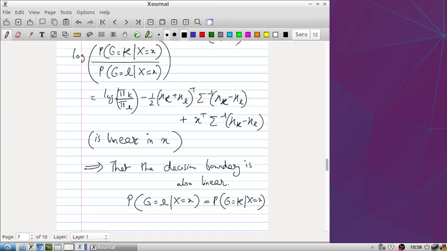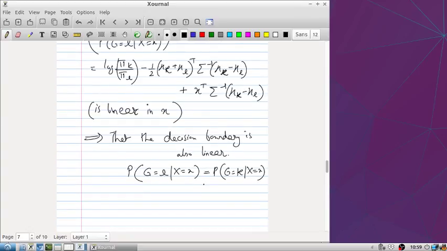Let's say pick 2 classes. The decision boundary between 2 classes is precisely this. If this is true, then the right hand side is 0, which means the left hand side, a linear function of x equal to 0, is the equation of a line or a plane in higher dimensions. So the decision boundary is linear. That's why it's called linear discriminant analysis. And that's another consequence of us choosing the normal assumption.